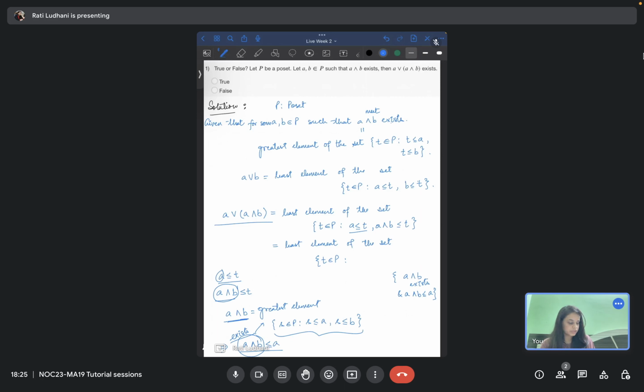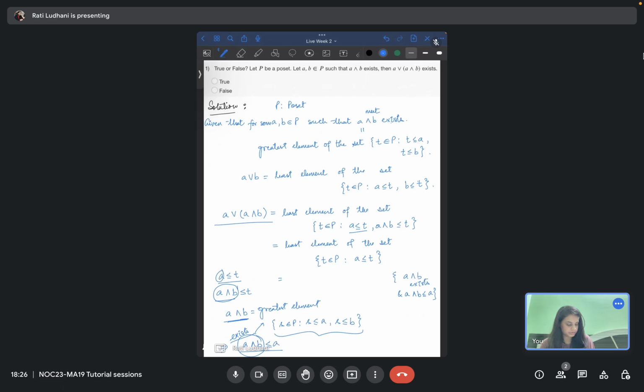So we can combinedly write A is less than or equal to T, because if A is less than or equal to T, then A meet B is going to be less than or equal to T anyway. So this is the least element of this set.